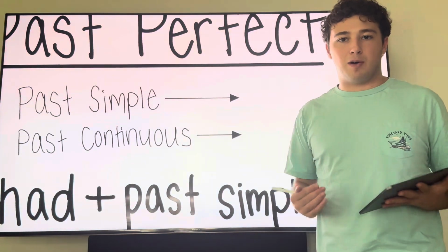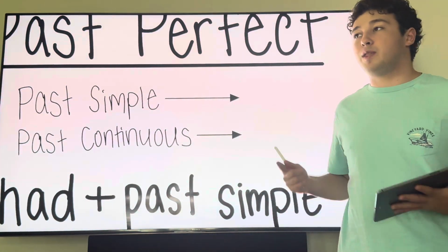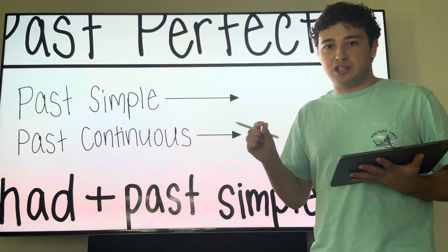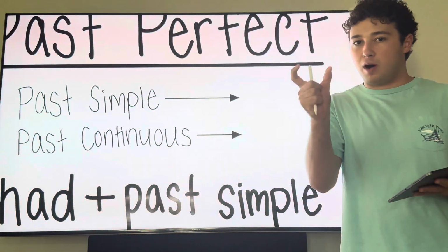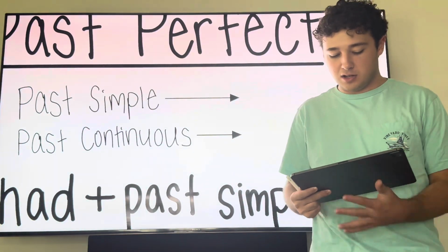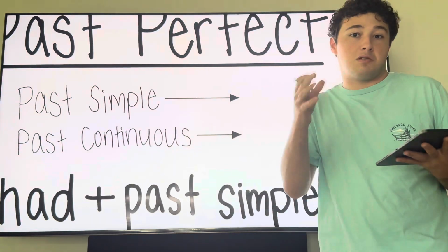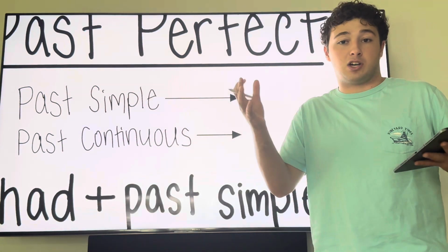As we talked about in lesson 5 in the last video, the past simple is simply just an action that happened in the past, one action in the past. So let's say the action was to talk, like I'm talking, I talk.